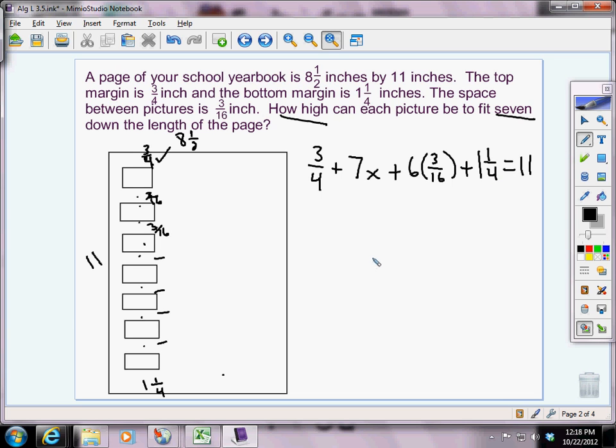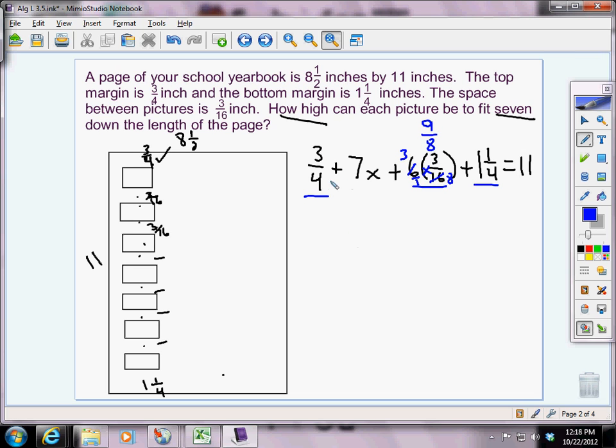Now, yes, this can be a little bit tricky because we're dealing with fractions, but we know how to do this. Combine your like terms. In this case, our like terms are 3/4, whatever 6 times 3/16 is, and 1 1/4. Let's focus on 6 times 3/16. 6 doesn't go into 16, but 2 does. 2 goes into 6 3 times. 2 goes into 16 8 times. So this ends up being 9/8.